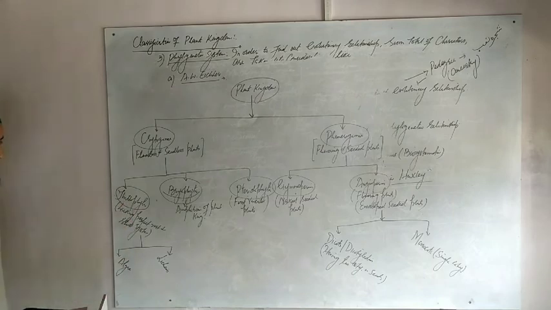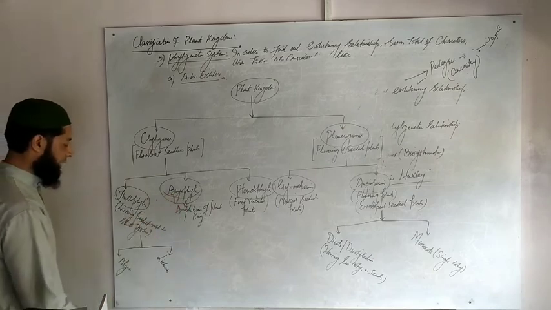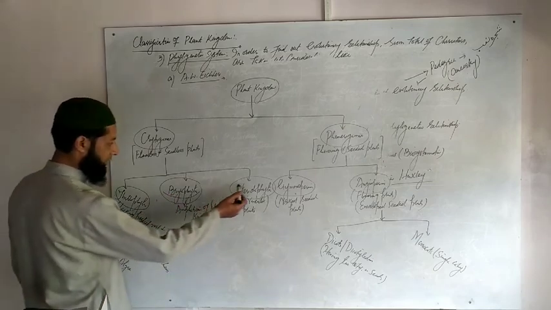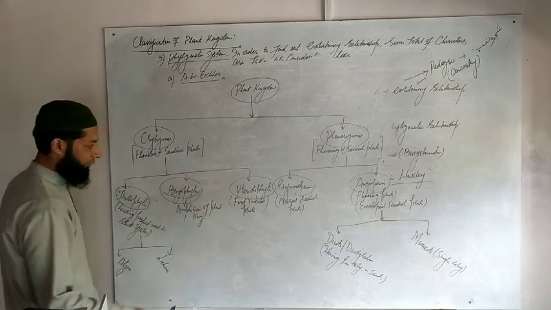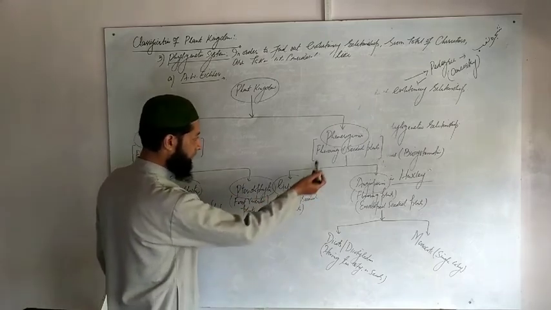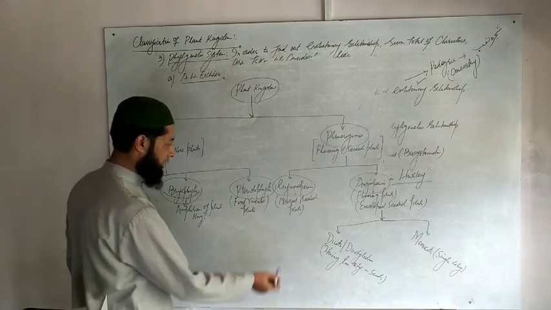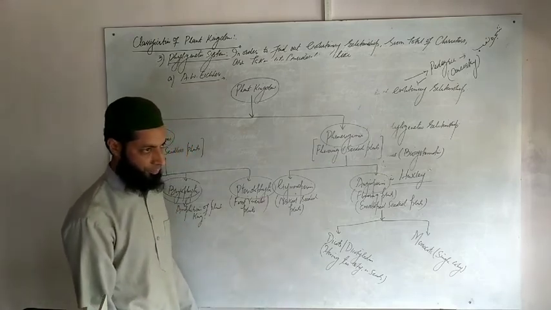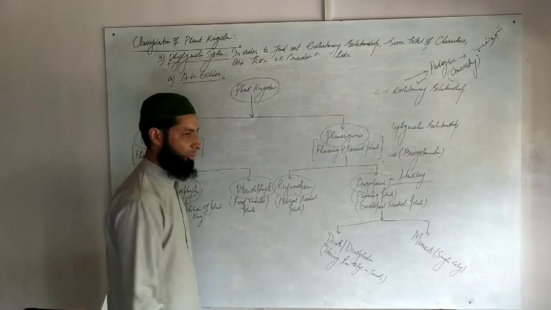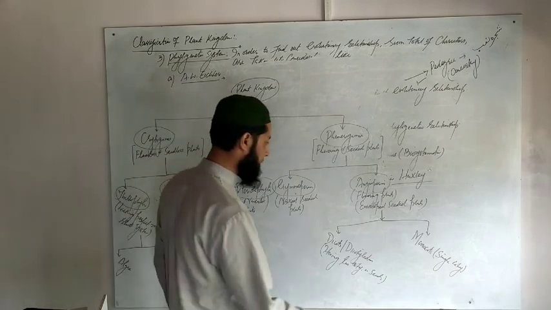Thallophytes are those plants lacking perfect root system and shoot system, bryophytes are somewhat advanced than thallophytes, and pteridophytes are somewhat advanced than bryophytes. Phanerogamy is divided into gymnosperms, which have naked seeds. They don't have ovary, that's why we call them ovary-less plants.